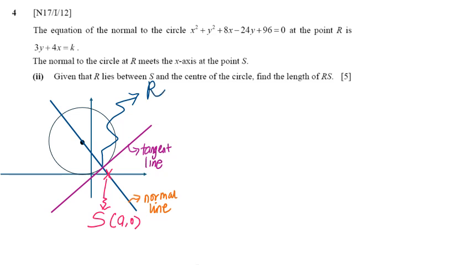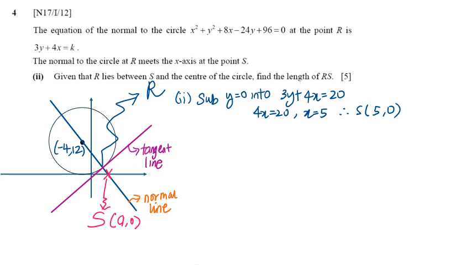So let's try to find point S first. Point S is easier to find because it lies on the normal line, so we just let the y-coordinate equal 0. We found point S to be (5, 0). Point R is a bit difficult to find. If we knew the equation of the tangent line, it would be easy, because you just solve them simultaneously.